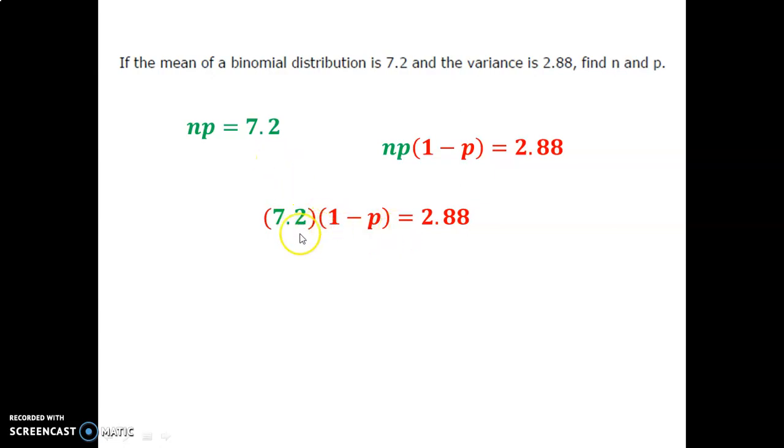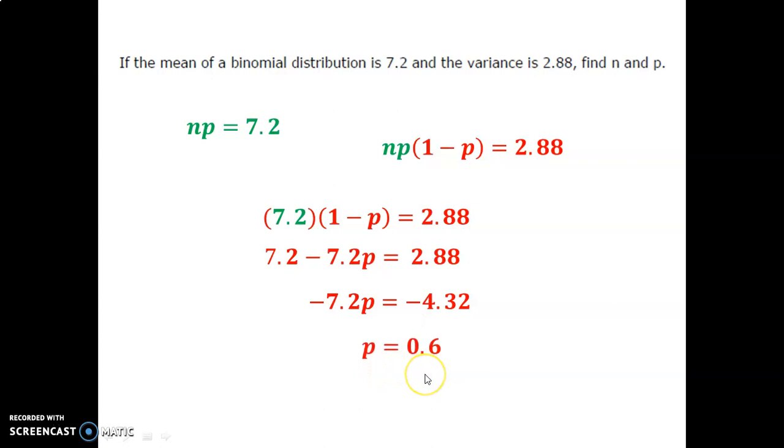Now I can multiply through here, 7.2 times 1, and 7.2 times negative p, which gives me this. Now I'm going to subtract 7.2 from this side, and I have negative 7.2 equals negative 4.3 once that has been subtracted. Finally, divide by negative 7.2, and we get p equals this.